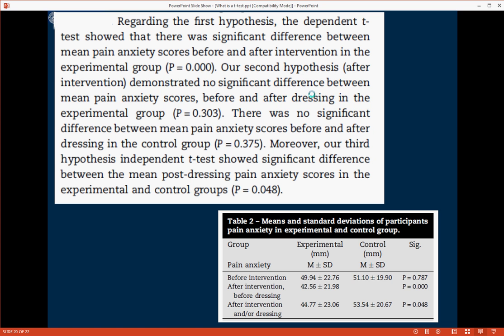The test statistic is then reported. The p-value, the probability level that the test statistic result is due to chance or measurement error, then comes. We want to see that value less than 0.05 in most cases. And then finally the measure of effect size. So if I'm writing up the t-test result, it's going to look something like this.